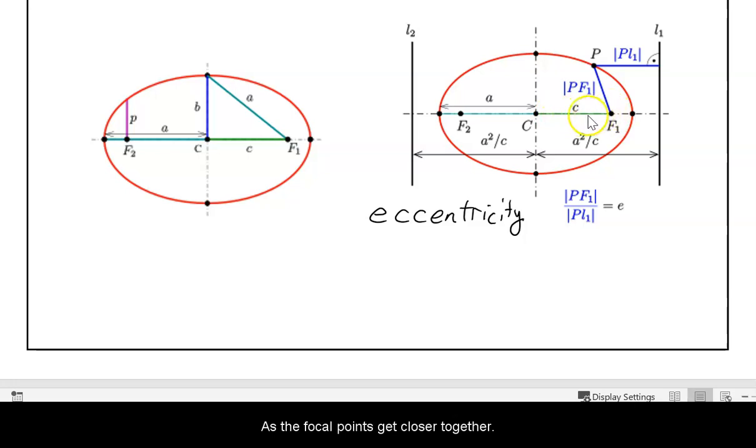As the focal points get closer together, the directrix lines get further away. So as the focal point's distance from the center C goes to 0, the distance that the directrix lines are from the center goes to infinity. On a circle, the focal points are at the center and the directrix lines are at positive infinity and negative infinity.